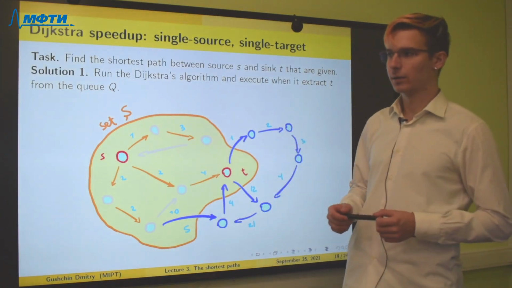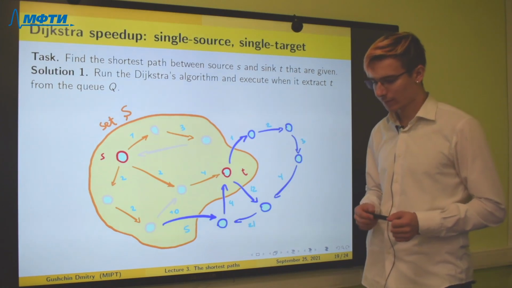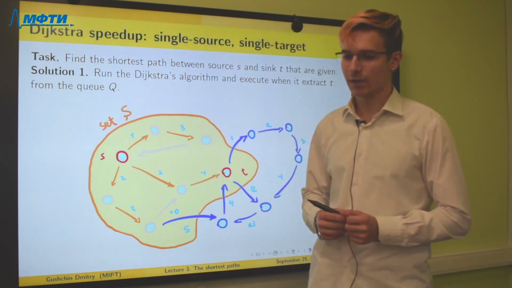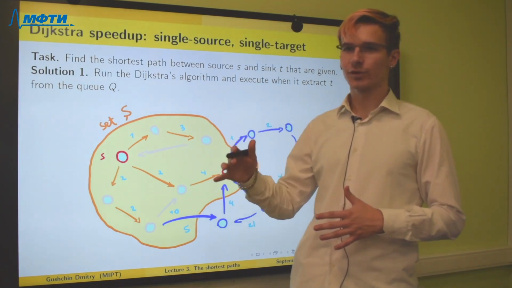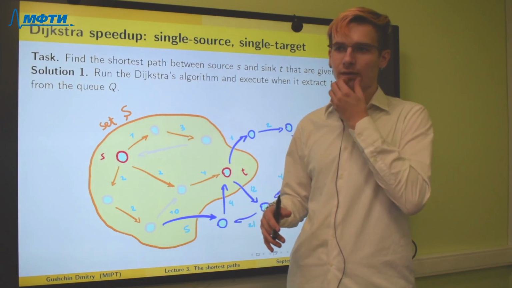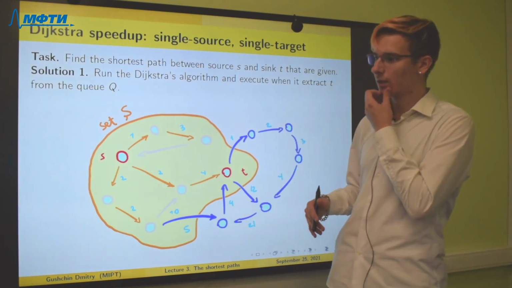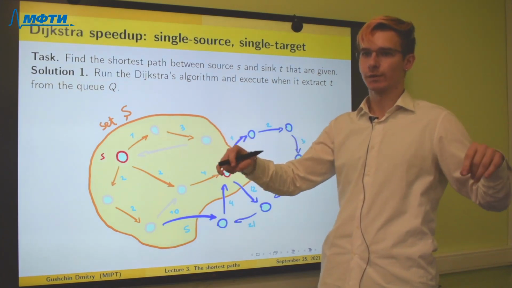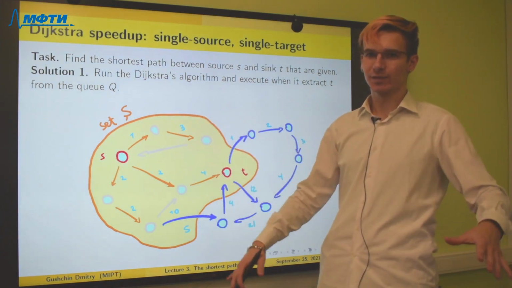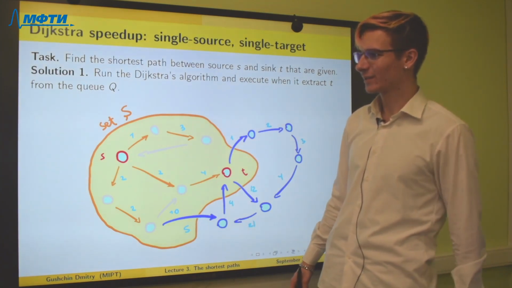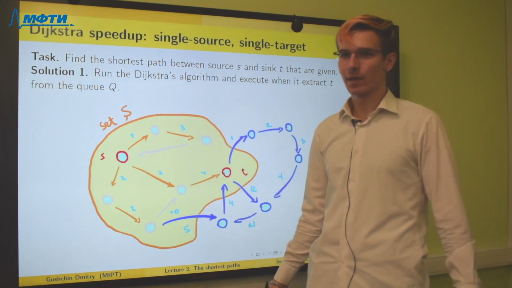So, for example, if you search for tickets from Moscow to Berlin, you want to find the shortest path between Moscow and Berlin, between 2 points. Not all the cities from Moscow, but between these 2 points.